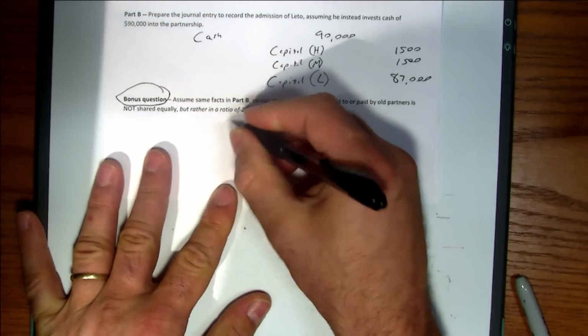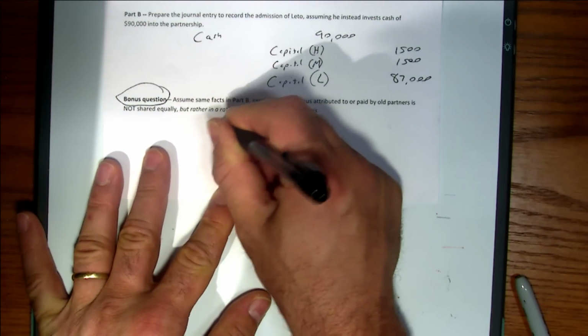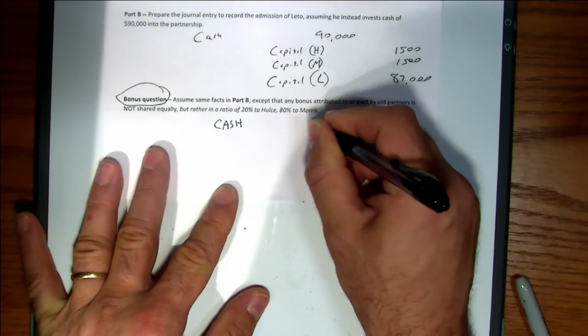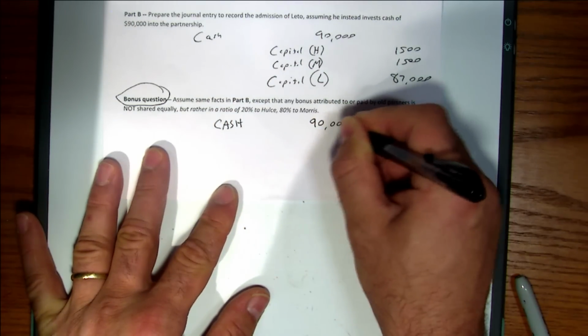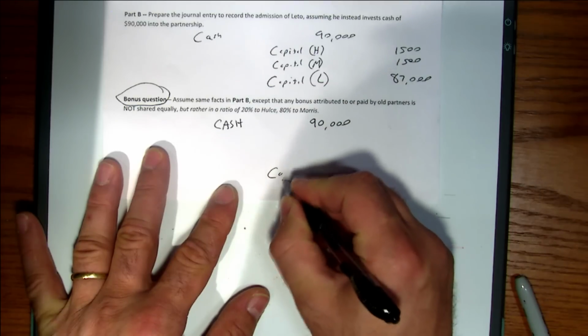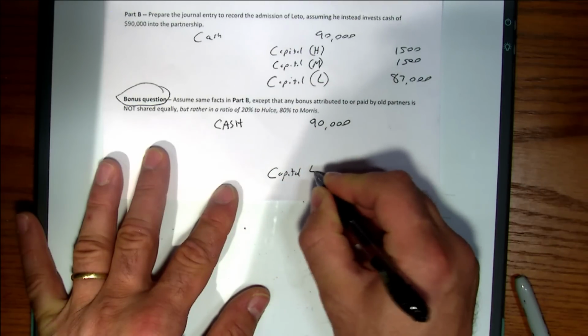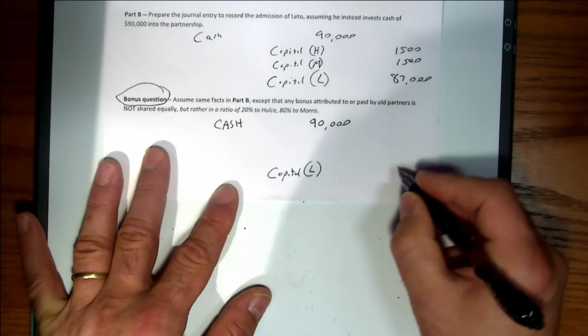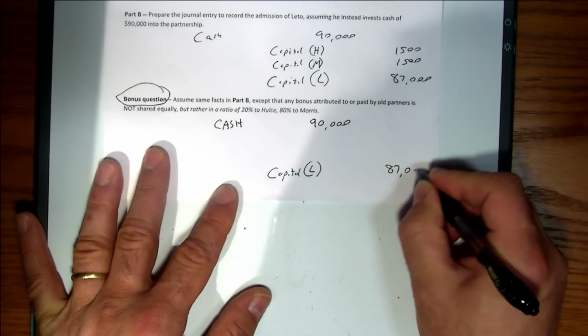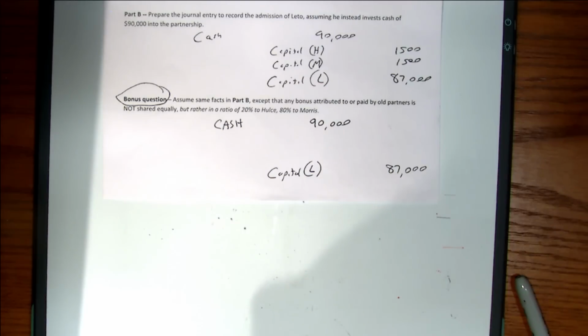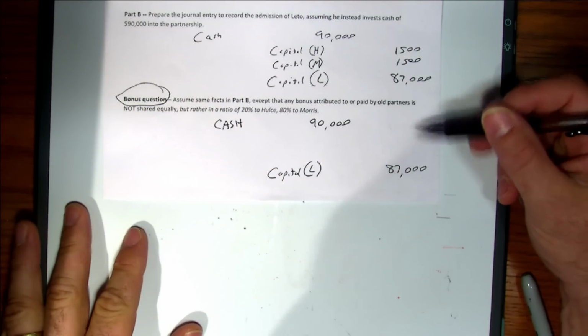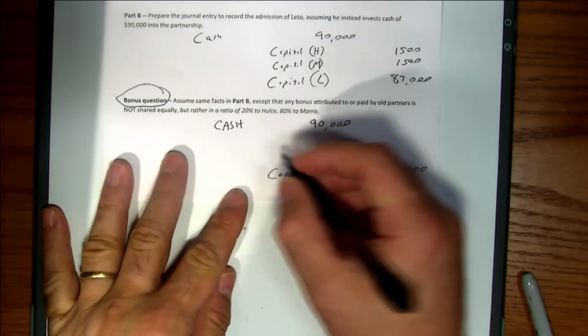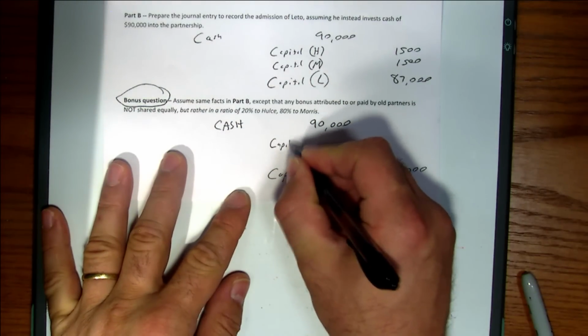How much is cash going to be debited for? 90. And how much is capital for the new partner, Lado, going to be credited for? $87,000. Does that JE balance? It does not balance, does it? Okay. Well, this needs $3,000 on the credit side to balance. So we are going to divide that up.